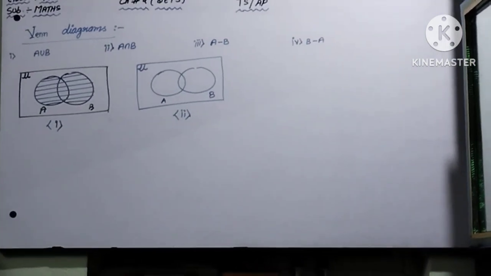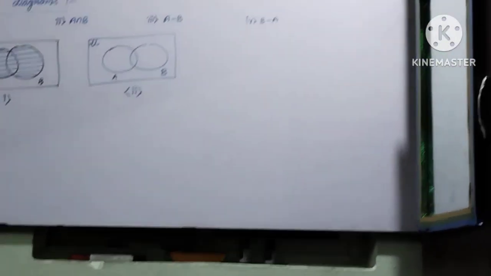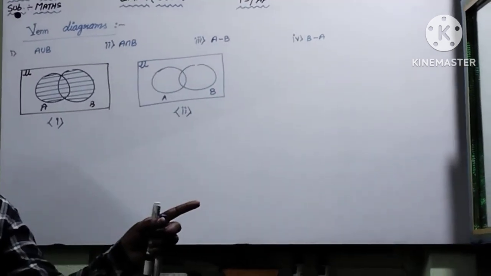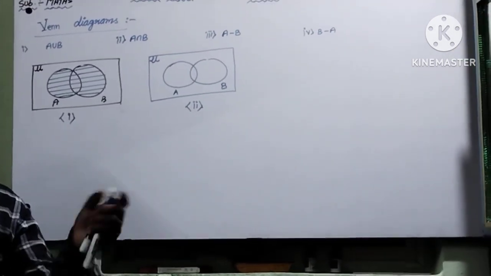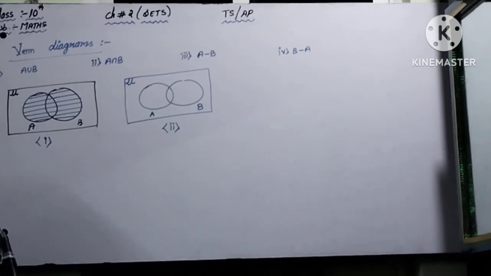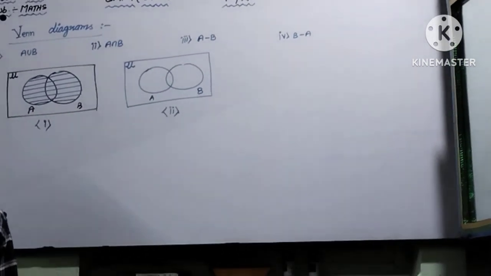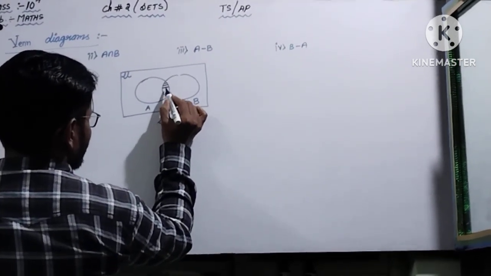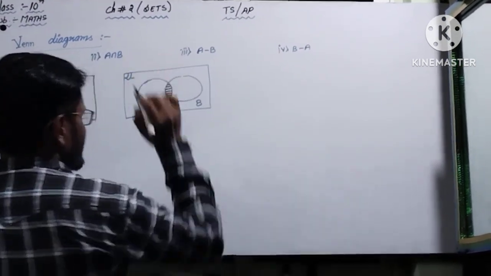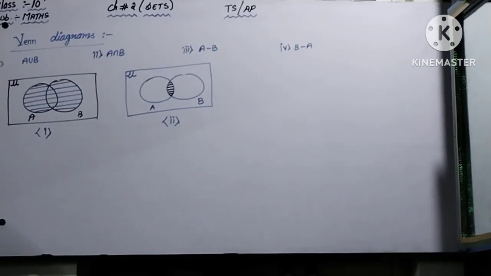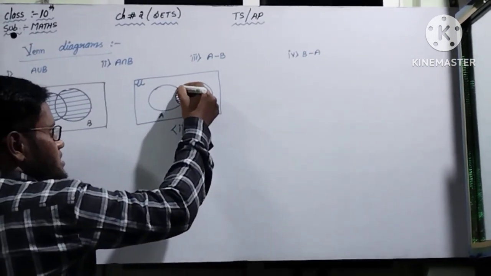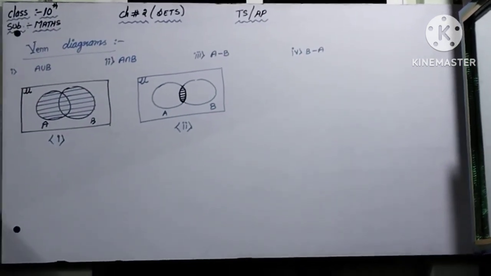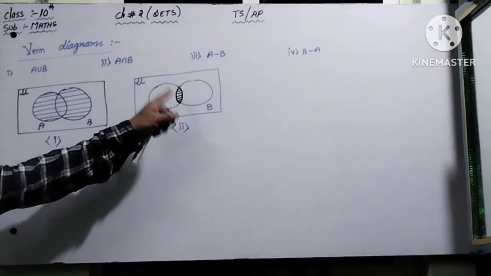Intersection means only the common elements of A and B. What elements are in A are the same elements that are in B. Just write only the common elements, the repeating elements. This is A intersection B. This is the A elements, this is the B elements, and this is common. Only mention the common elements.